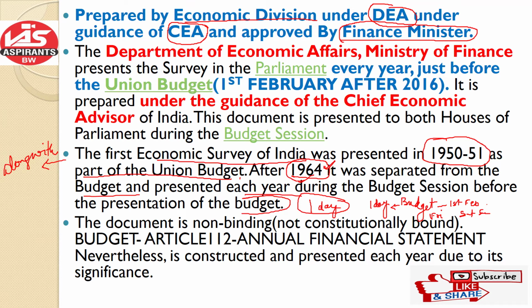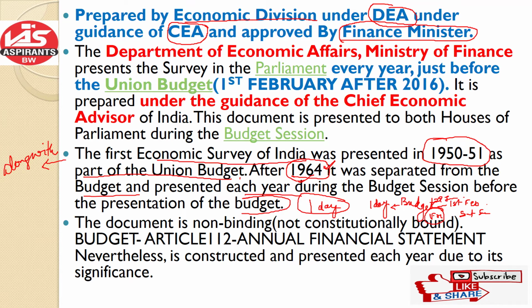So therefore the economic survey was tabled 3 days before the budget. ओके, so याद रखना इकोनॉमिक सर्वे पहले बजट के साथ प्रेजेंट किया जाता था, उसके बाद 1964 में इसको अलग कर दिया गया. Now it is presented 1 day before the budget. इस साल का इकोनॉमिक सर्वे 3 दिन पहले टेबल कर दिया गया क्योंकि last working day Friday पड़ रहा था, which was 29th of January.